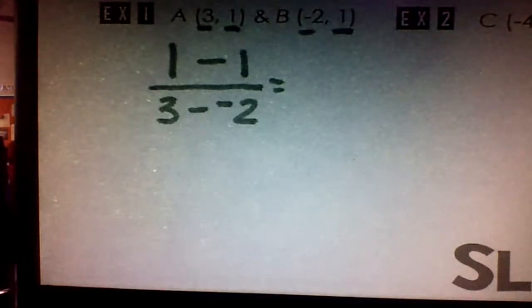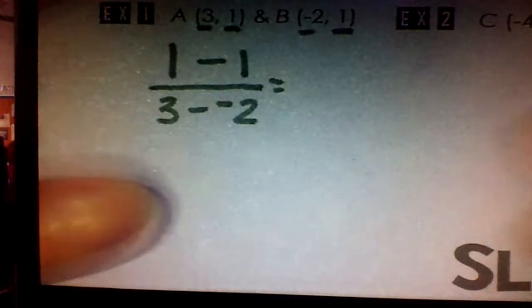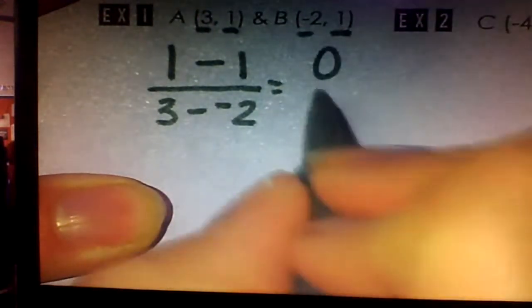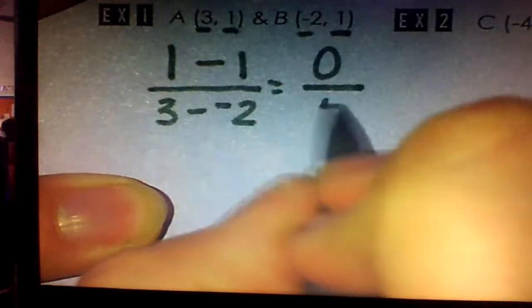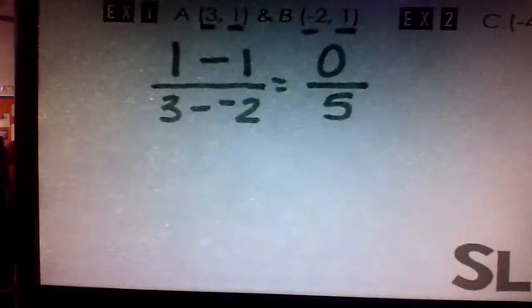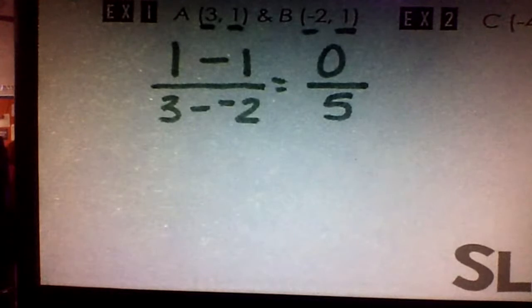Okay. So what's 1 minus 1? 0. And what's 3 minus a negative 2? Positive 5.